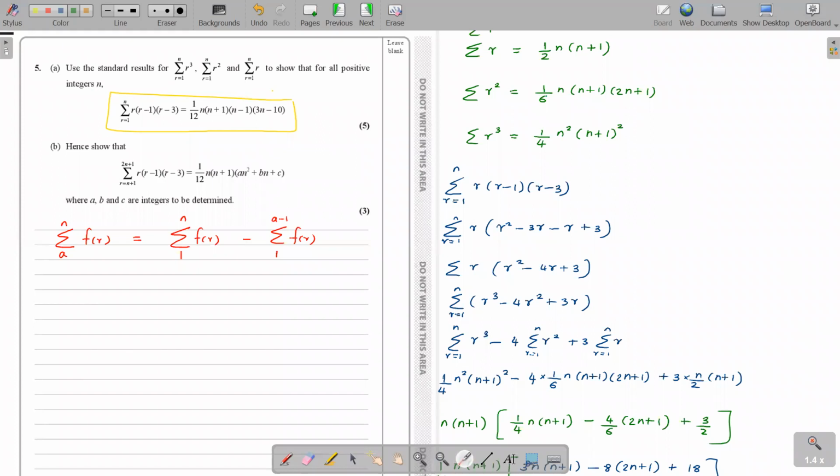Okay, so what I do here is I'll take the summation from r equals n plus 1 to 2n plus 1, right? So I'll use f(r) instead of r minus 1, r minus 3.